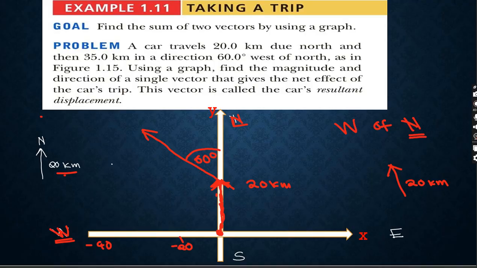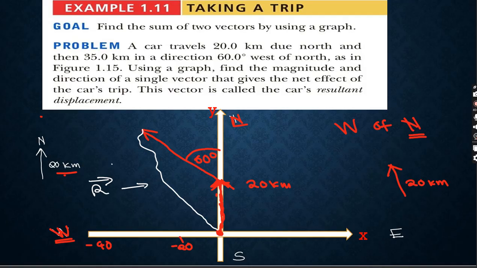My pen is very sensitive. So we draw a straight line there. What is important is to get the information. So this is now going to be our resultant vector. This is how you show the car's resultant displacement.